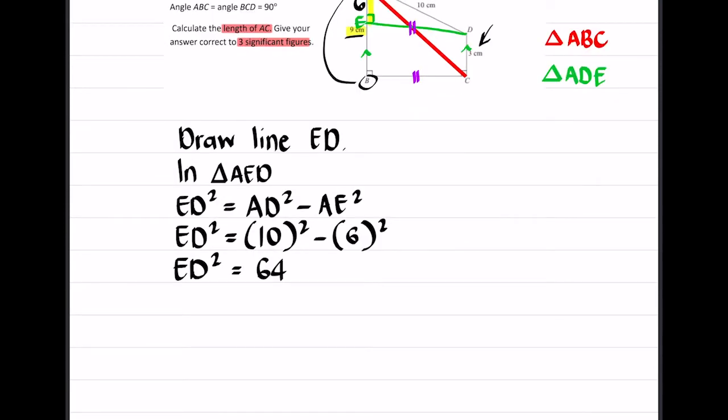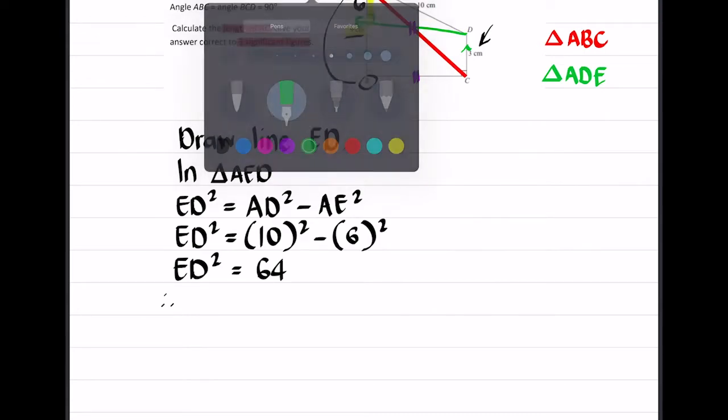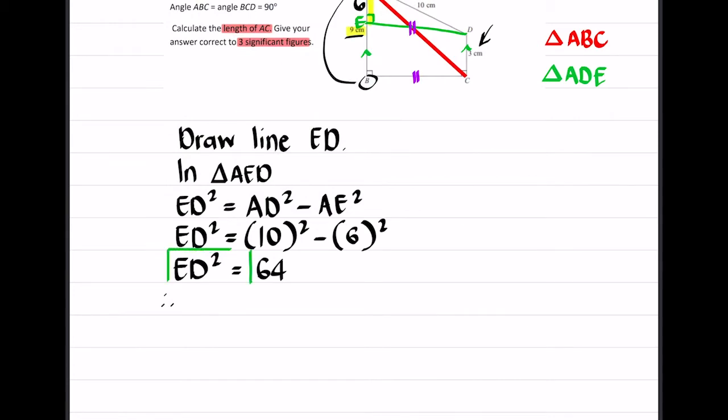But I'm not looking for ED squared, I'm looking for ED, so I can square root both sides. The square root of ED squared is equal to ED, and that is equal to the square root of 64, which is 8 centimeters. So therefore BC equals 8 centimeters because they're equal to each other.